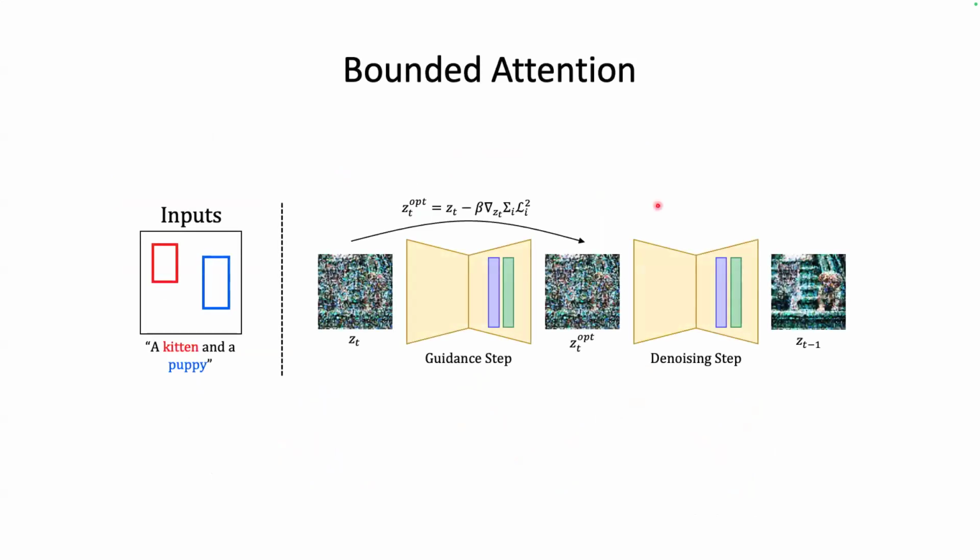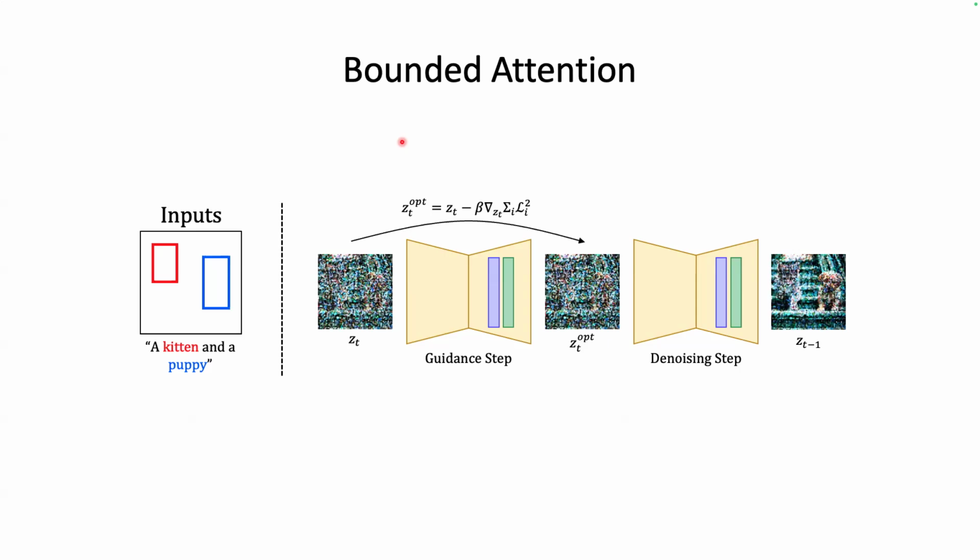So in a recent work called Bounded Attention, we took some step toward resolving this leakage. We don't have a lot of time, so I'm not going to get into all the details, just the high level. The idea is to bound the attention so that each subject is not influenced by other subjects in the image.